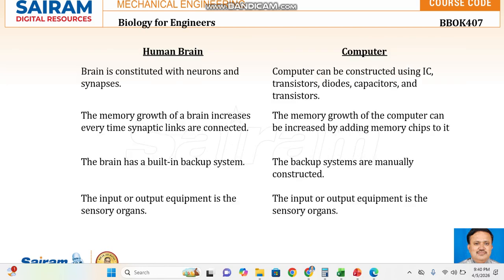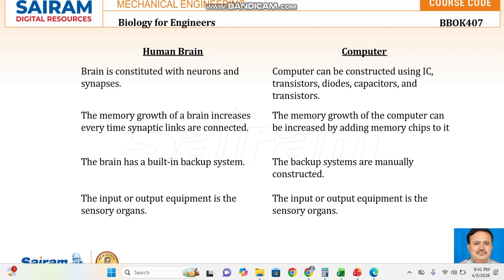Now we are comparing the human brain with the computer CPU system. The brain is constituted with neurons and synapses, whereas the computer is constructed using ICs, transistors, diodes, and capacitors.